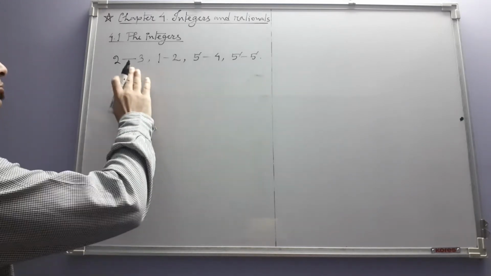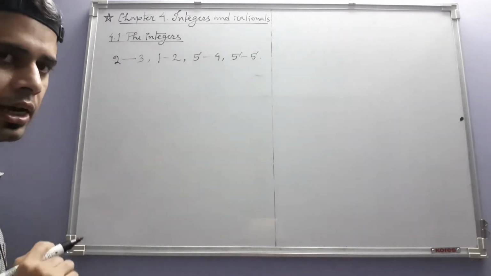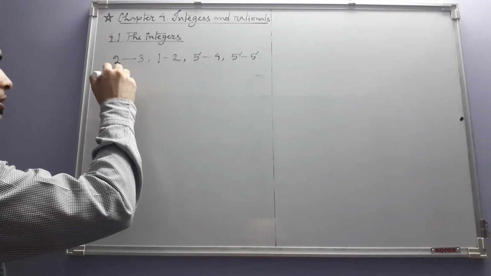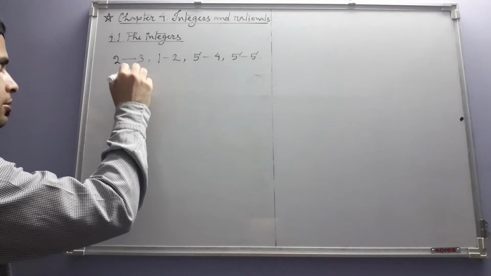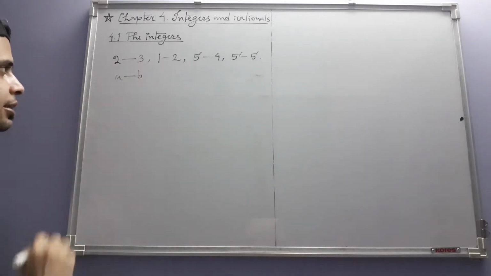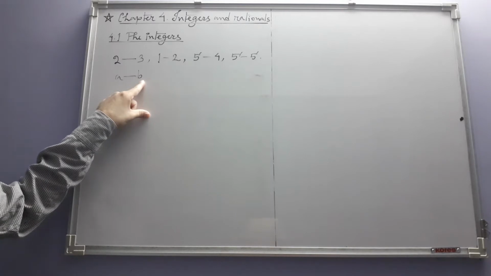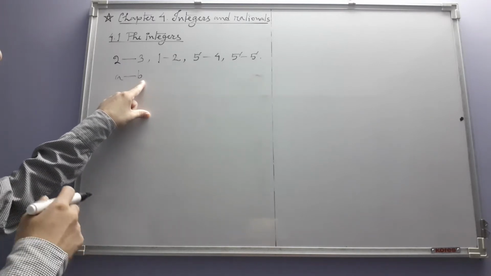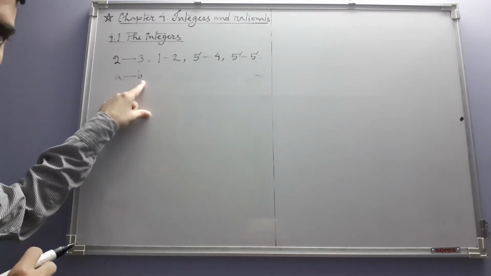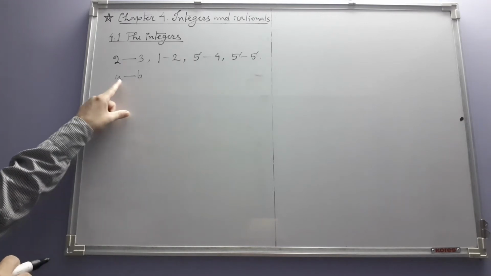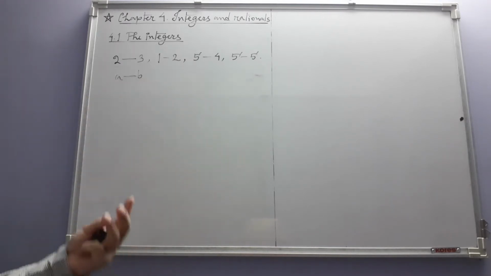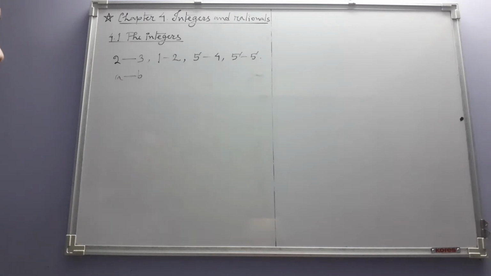Now if we follow this pattern and we try to define an integer like this, say we define an integer to be a difference of two natural numbers, any integer is a difference of two natural numbers, then it looks fine, but there are three problems with this definition.